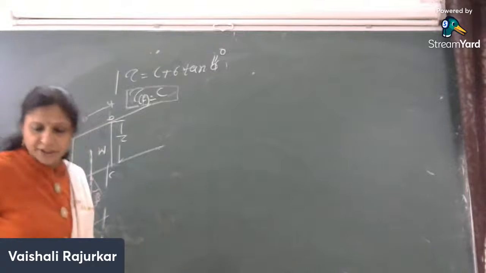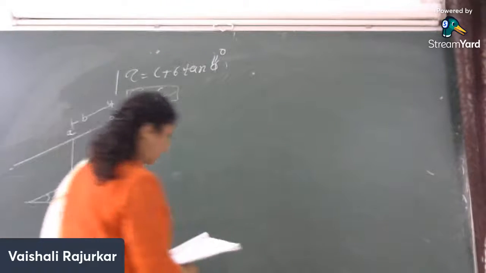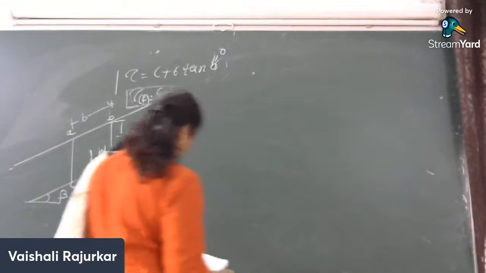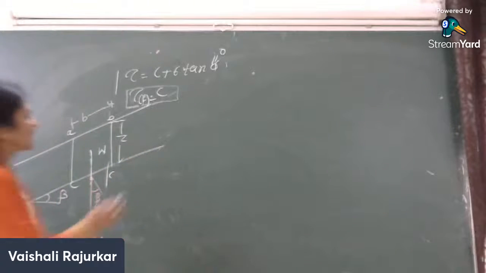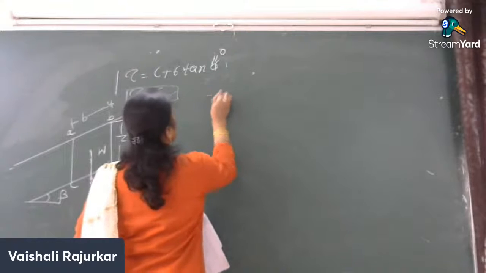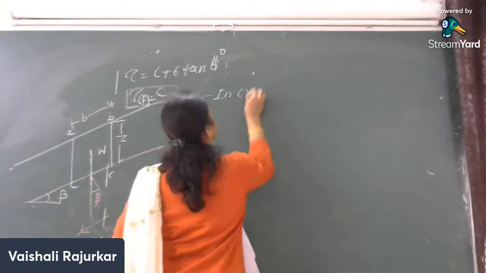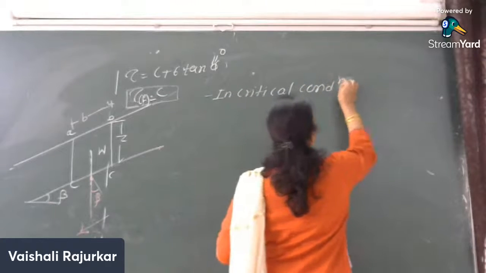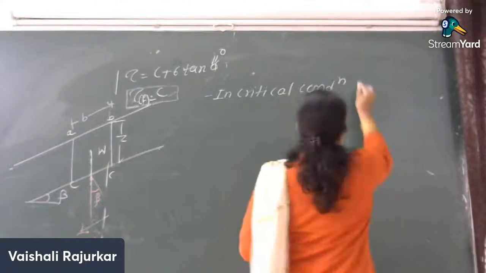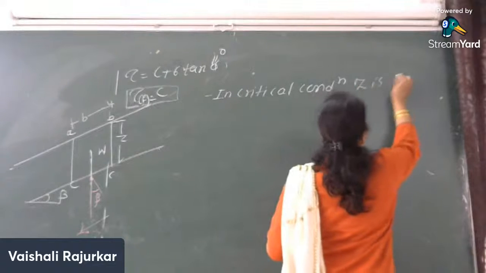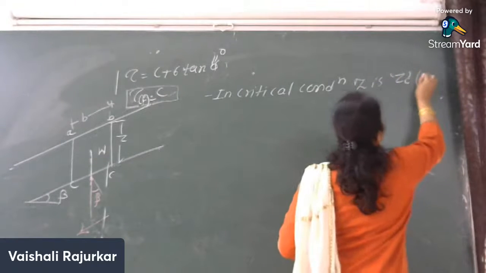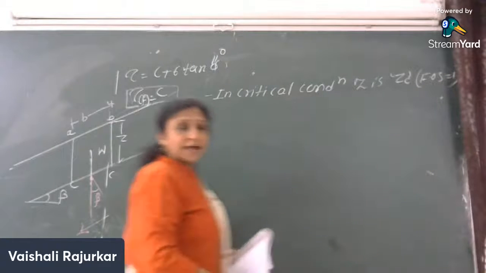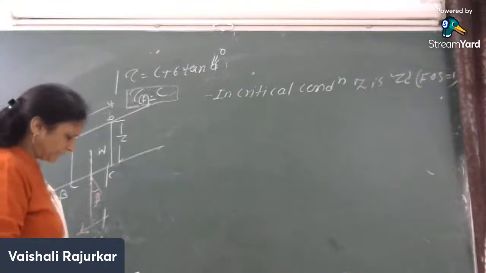In the critical condition, for the given slope, Z is ZC and the factor of safety is equal to 1.